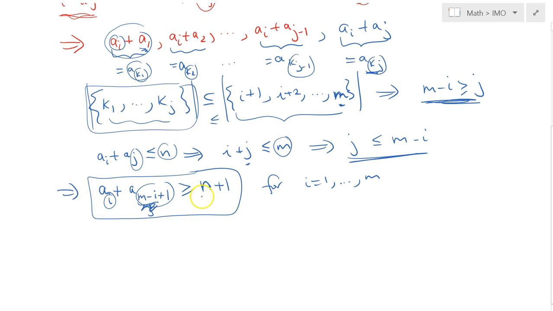So finally, summing these inequalities across all the i's, we would get 2 times (a_1 plus up to a_m) is greater than or equal to, we have m terms here, m times (n plus 1).